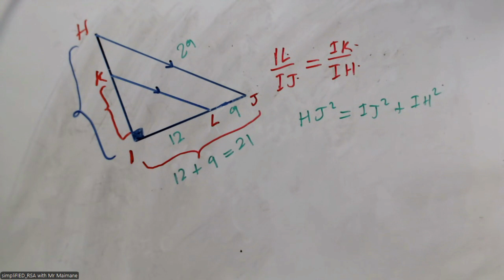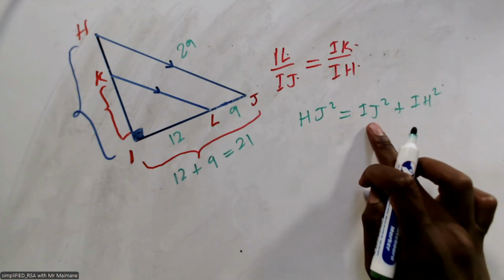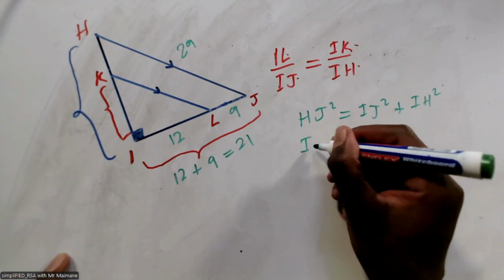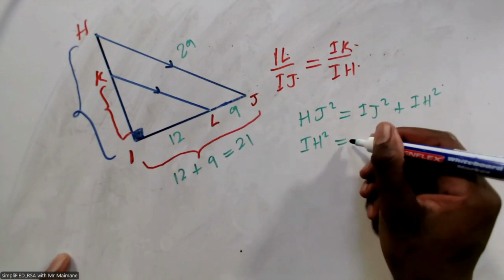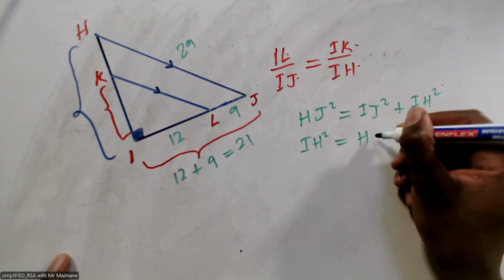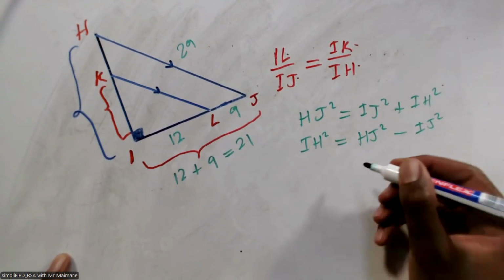So you see, HJ squared is equals to IJ squared plus IH squared, which makes IH squared to be HJ squared minus IJ squared.